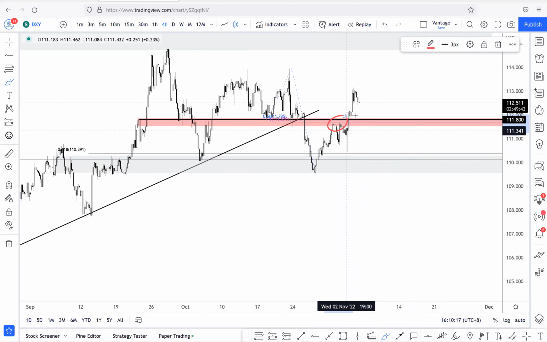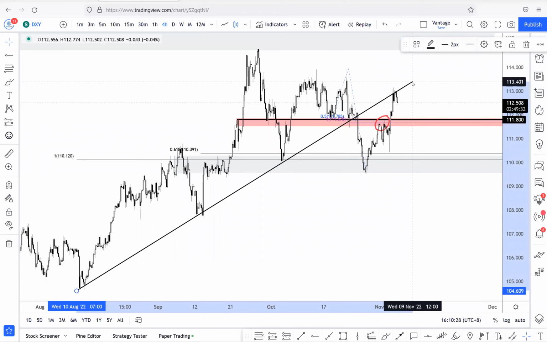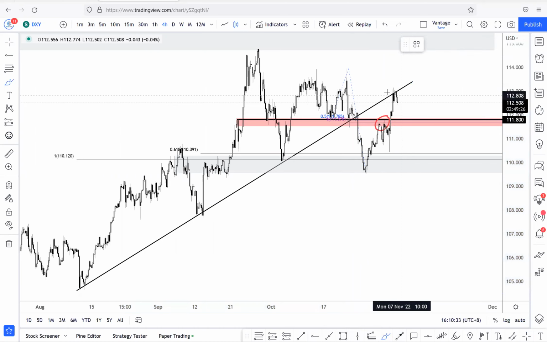So it broke the region as resistance, and prices are holding above this area. So ignoring this, the break of this trend line, if you were to extend it across, this trend line itself, there's the clear break and retest. And more importantly, on this region, you can see that prices are currently testing this trend line as a support and resistance area.